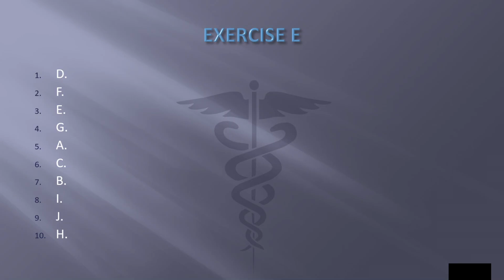Cholelithiasis is E. Abnormal condition of gallstones. 4. Colonic polyposis is G. Small growths protrude from the mucous membrane lining the intestine. 5. Jaundice is A. Yellow-orange coloration of the skin and other tissues.